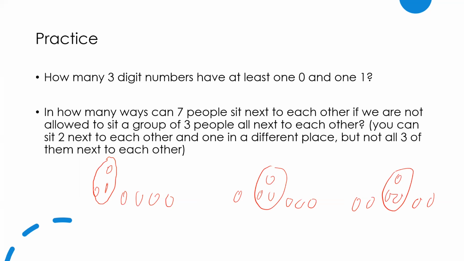But in this case, you also need to calculate the different ways all 3 people can sit right next to each other. That would be 3 factorial, which is 6. So 5 times 6 equals 30 different ways where you can have the 3 people all sitting next to each other.